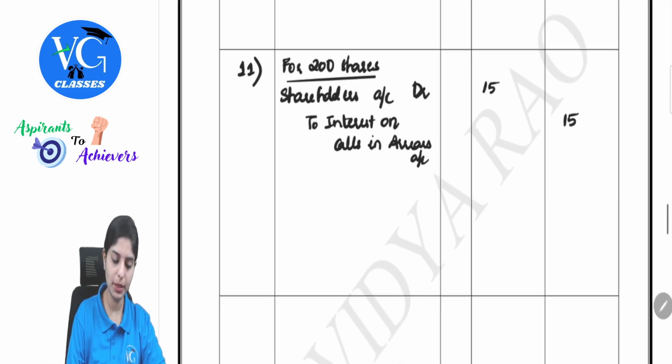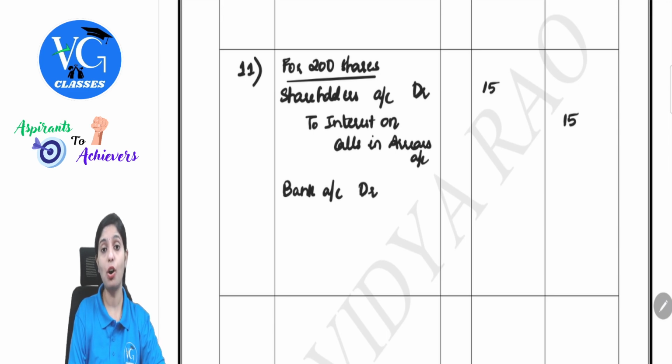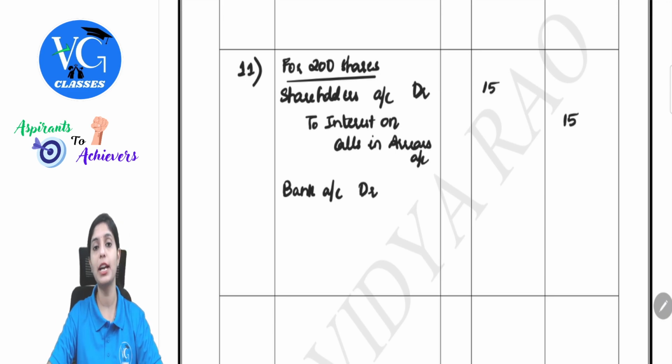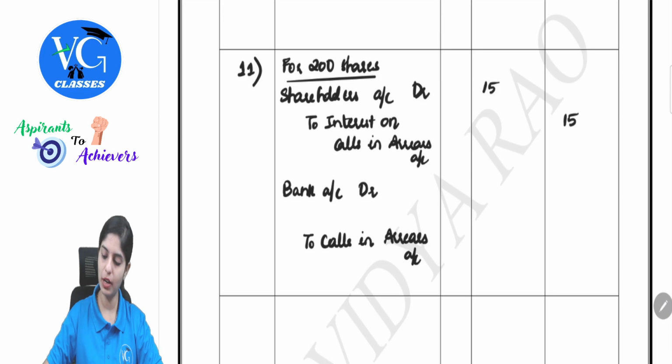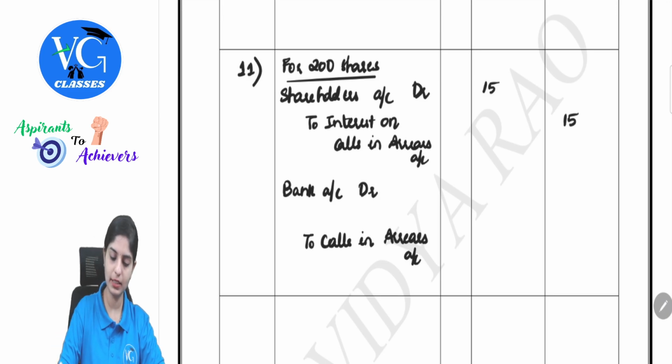Now when he actually pays, what will be the entry? You receive the money, bank account debit. Yes or no? Calls in arrears, if you remember, we had shown as a debit in the form of receivable. So we will credit it to calls in arrears account. For 200 shares, 3 rupees, 600.